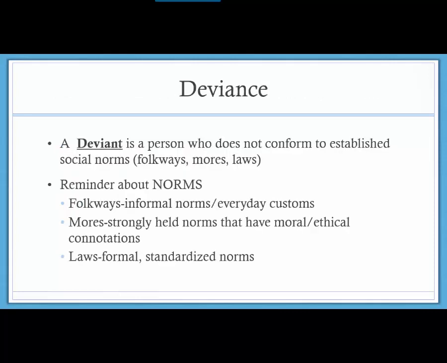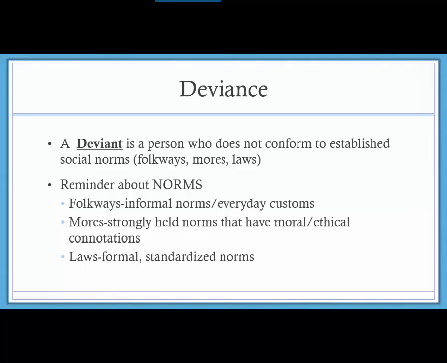But for right now, just know that if you engage in deviance, you could in fact be labeled a deviant. And this is just a person who does not conform to established social norms. And because norms can take on a variety of definitions, right? There are different types of norms: folkways, mores, laws, taboos.